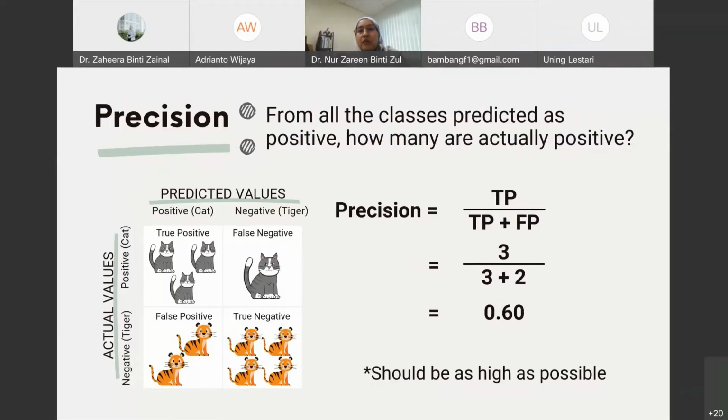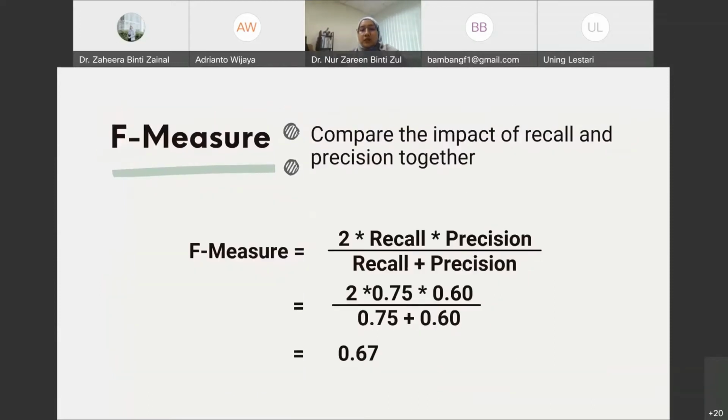Precision asks, from all predicted positives, which ones are actually positive? Okay, so if you want to compare between two or more models, you would want to look at either recall or precision. And the recall and precision scores wouldn't be too similar.